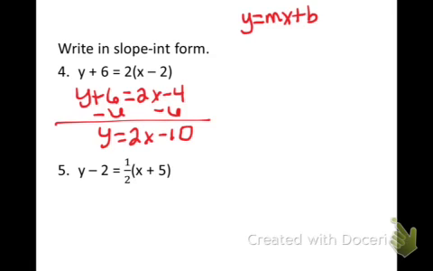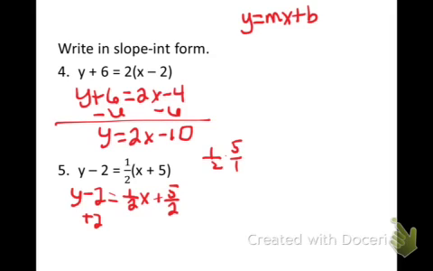In number 5, we can have fractions in slope-intercept form, so I'm not going to get rid of the fraction. If you don't like to work with fractions, I suppose you could get rid of it, but it'll eventually appear again. Remember, if I take 1/2 times 5, it's really times 5 over 1, so that just gives me 5 halves. I would need to add 2 to each side, so I get y equals 1/2 x.